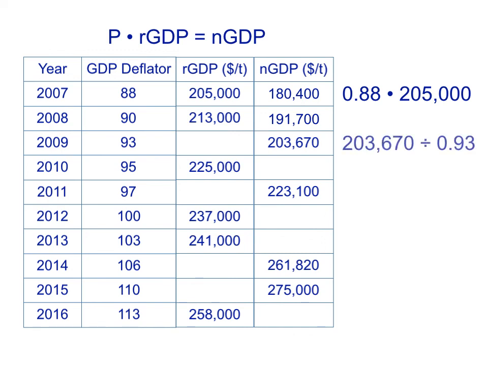Moving on to 2009, we're simply going to reverse that calculation. So here I've got 203,670 divided by 0.93. That's how I'm going to get my real GDP, 219,000. Again, we see a similar calculation for 2010, and then of course 2011, and so on.